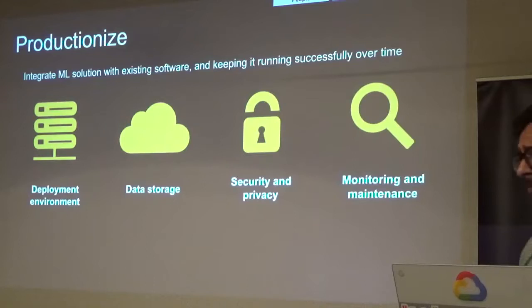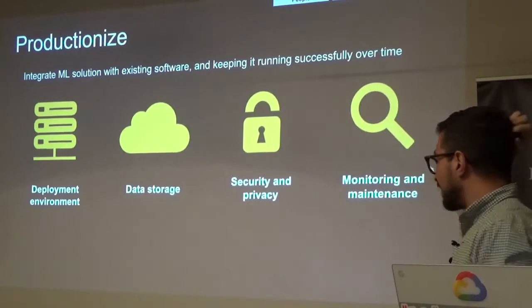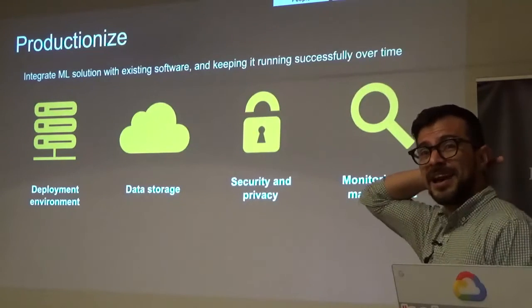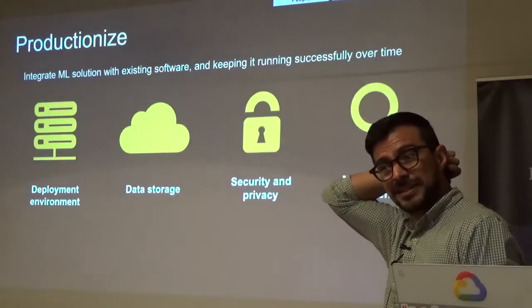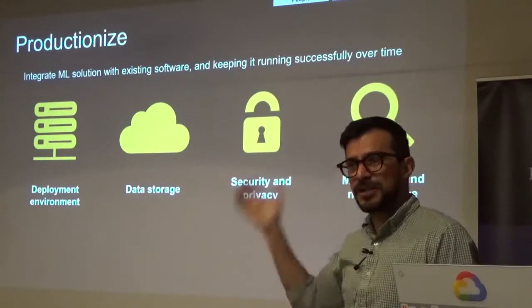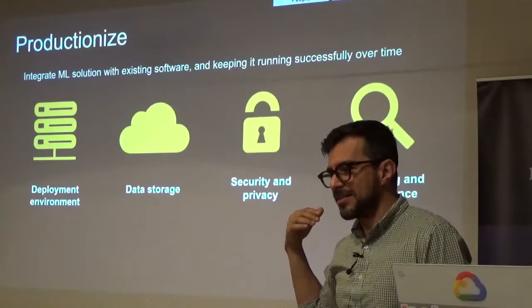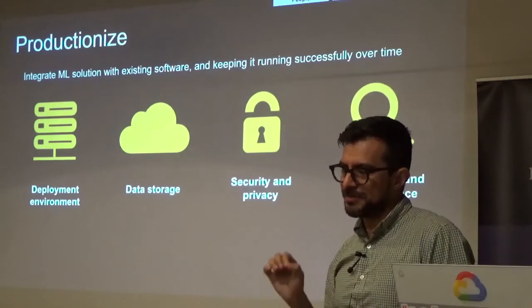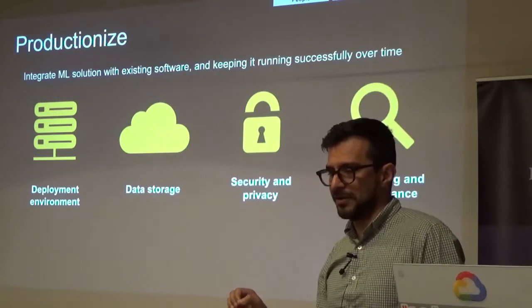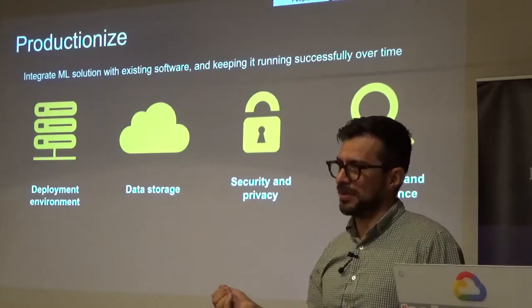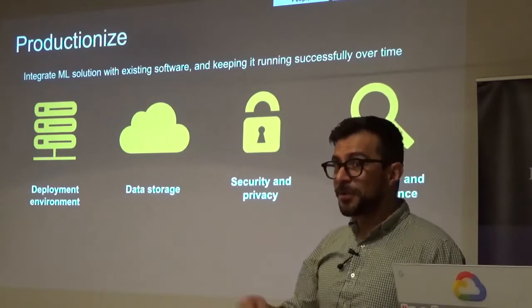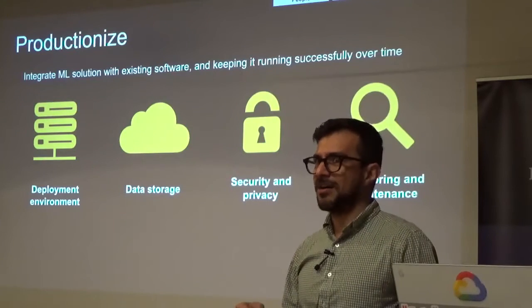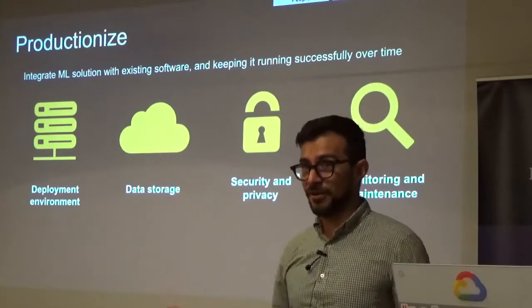And also, this is very relevant: monitoring and maintenance. How do you know that your model is working? Because, like we discussed before, you don't actually know the full interpretability of the model. So if you don't really know how something is working with a formula, then how do you know that things are not just going crazy?